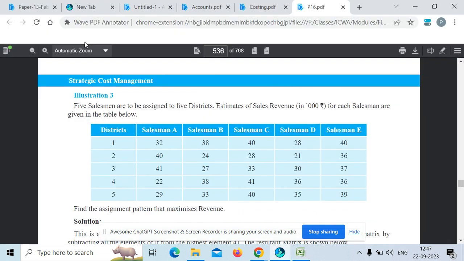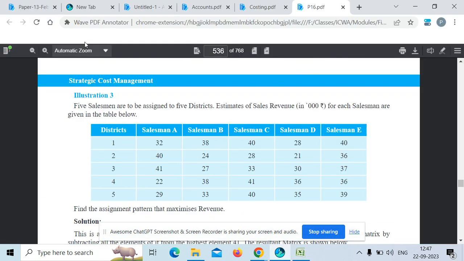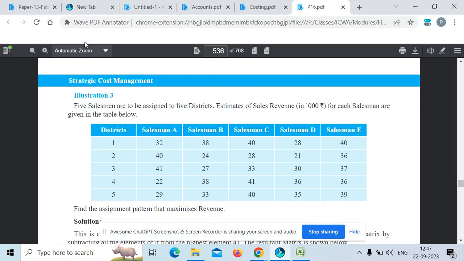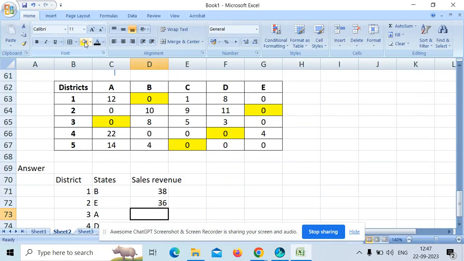Okay. So after that, sales revenue. It will be B. B is 38. E is 36. A is 41.